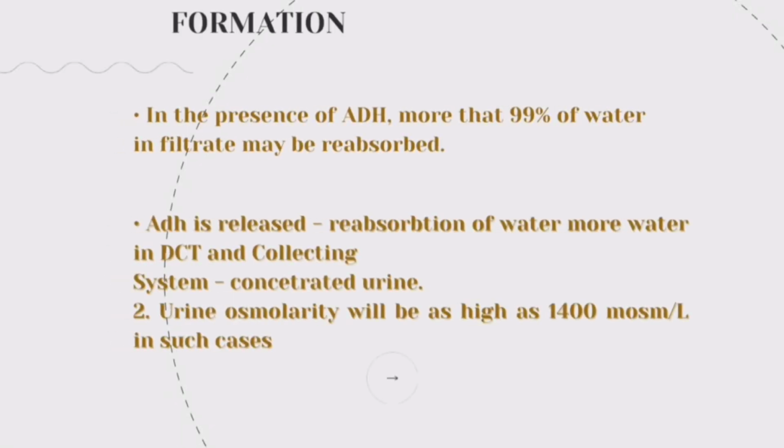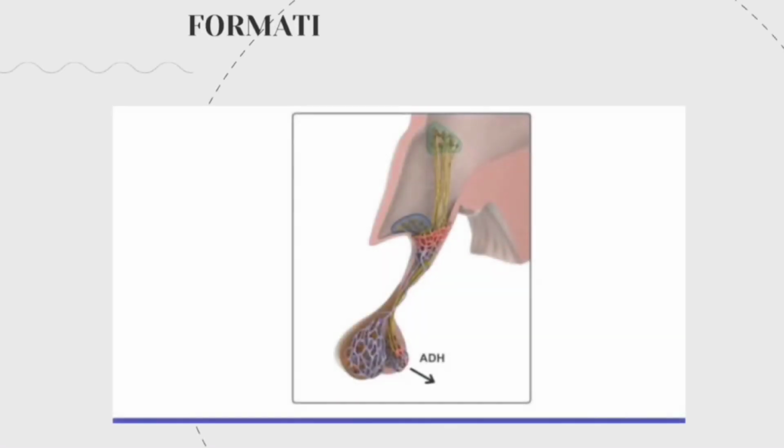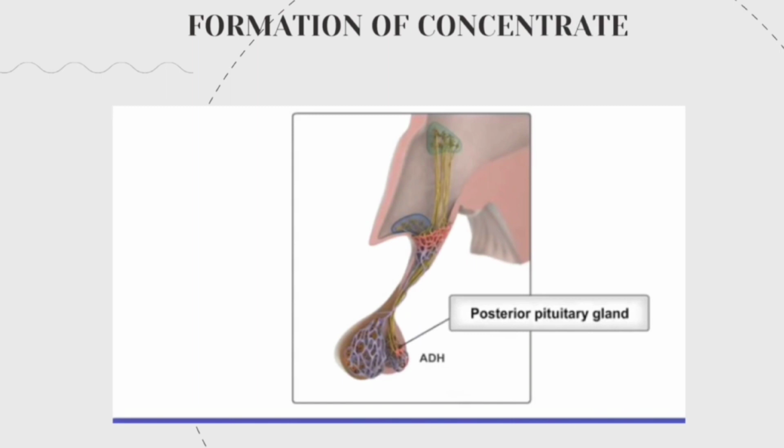Formation of concentrated urine. In the presence of ADH, more than 99% of water in the filtrate may be reabsorbed. Antidiuretic hormone, or ADH, is released by the posterior pituitary gland to maintain homeostasis of body fluid volume.